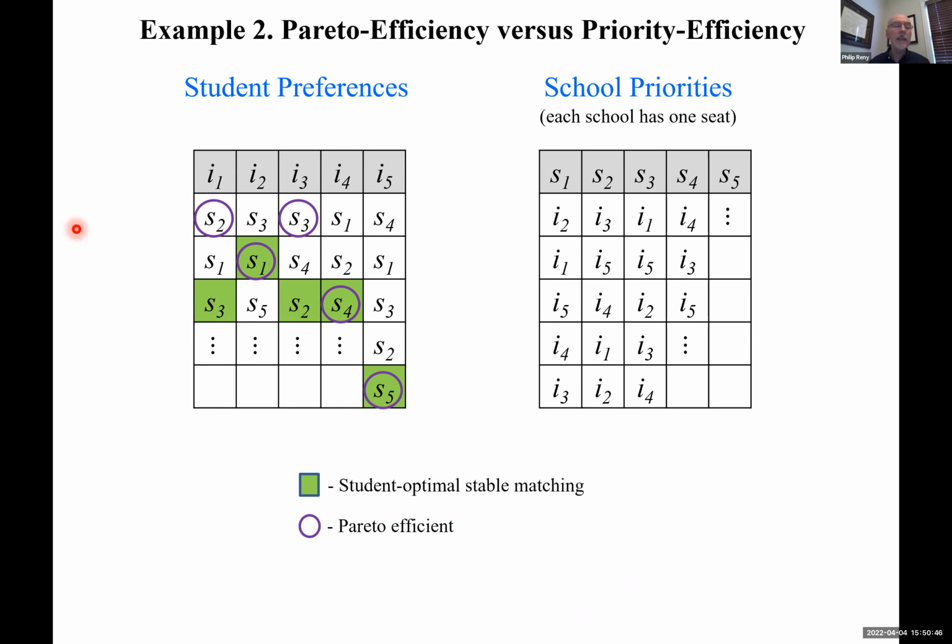I agree, Bernard. How complicated? Give me a moment. The answer is I'm not sure at the moment. But I think it may not be that complicated, given the structure of this problem with the lattice that's available and the fact that it's easy to compute a priority efficient matching, one that's both priority neutral and Pareto efficient.